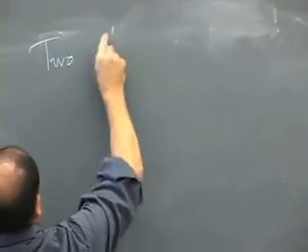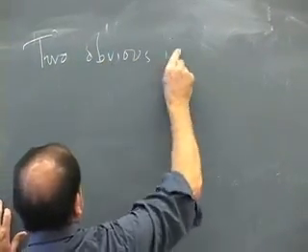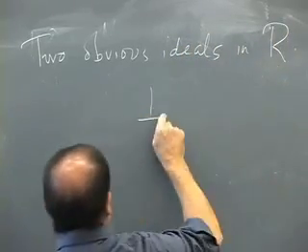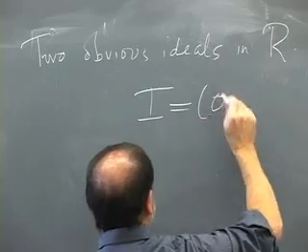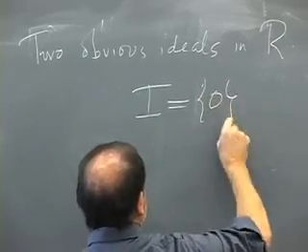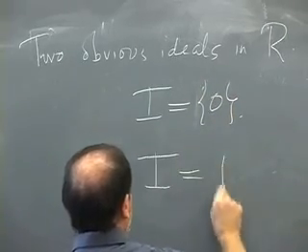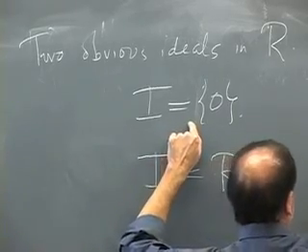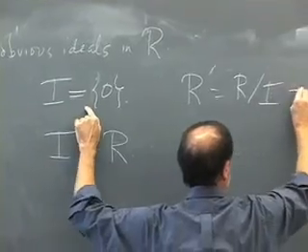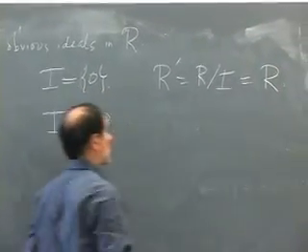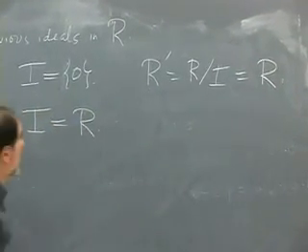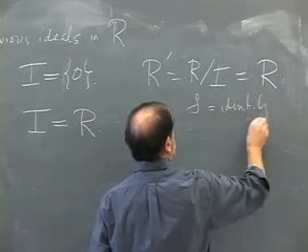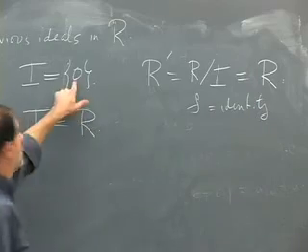Two obvious ideals in R. I, the zero ideal, or I equals R. Here, the quotient ring R prime, which is R mod I, is just R. And the homomorphism is the identity. So that the only element mapping to 0 is 0.